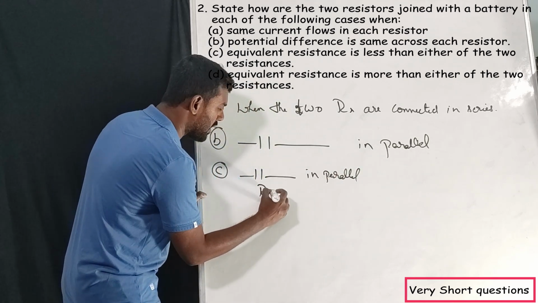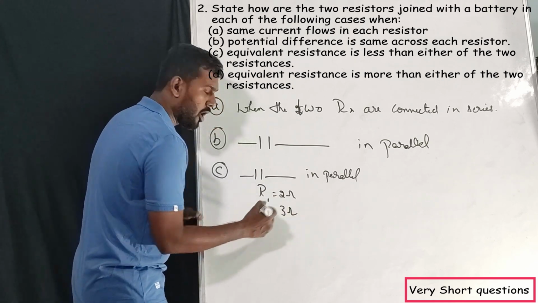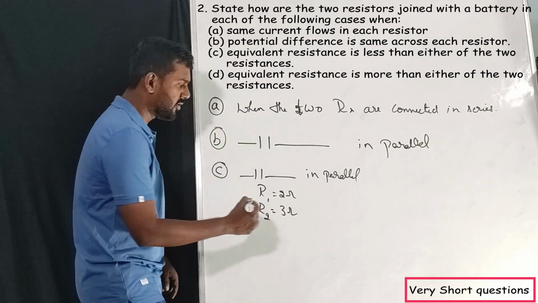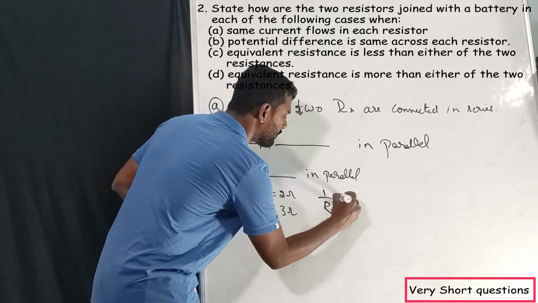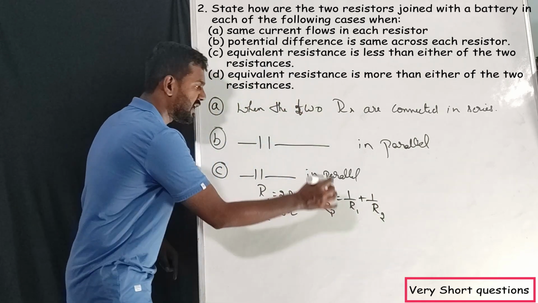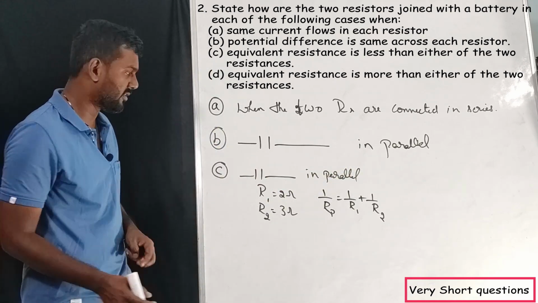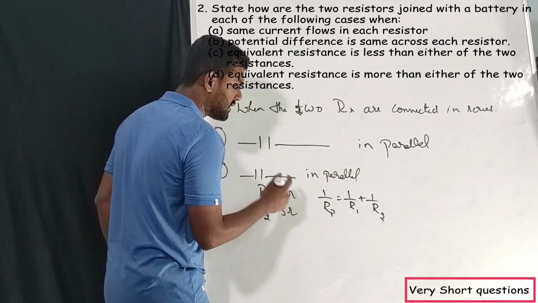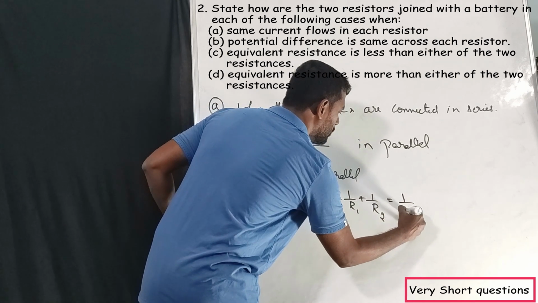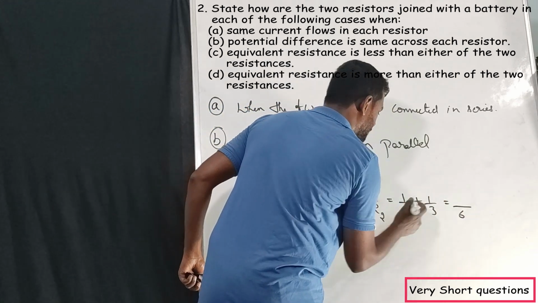How? Assume R1 is equal to 2 ohm and R2 is equal to 3 ohm. When you calculate the answer for Rp, 1 by Rp is equal to 1 by R1 plus 1 by R2. This explanation is not required in the exam, only the answer is enough. This is for your reference. So, substituting, 1 by 2 plus 1 by 3, the common denominator will be 6.